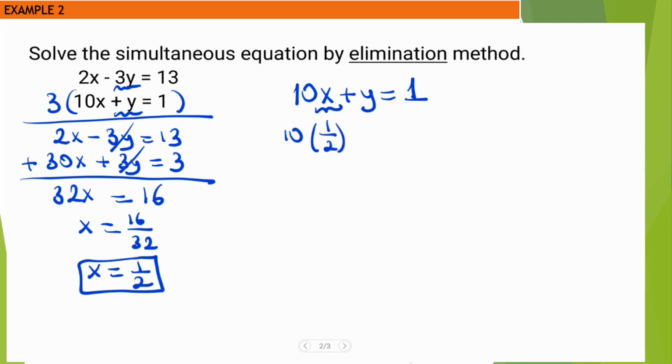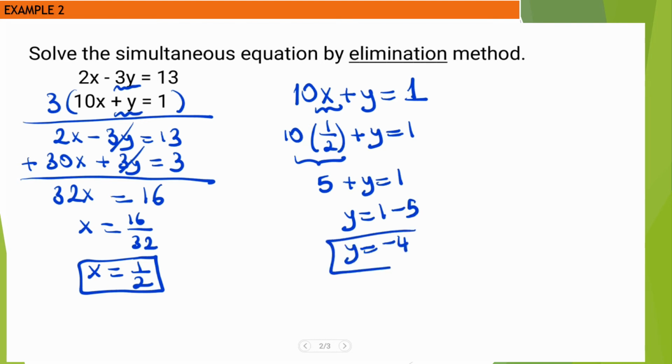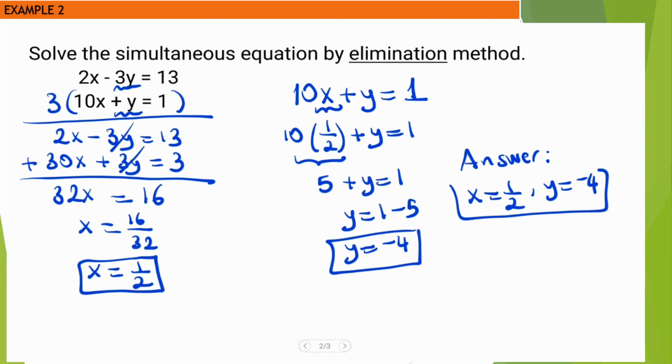So 10 times 1 over 2 plus y equals 1. 10 times 1 over 2 makes 5, and obviously y is negative 4. So the answer is x equals 1 over 2 and y equals negative 4.